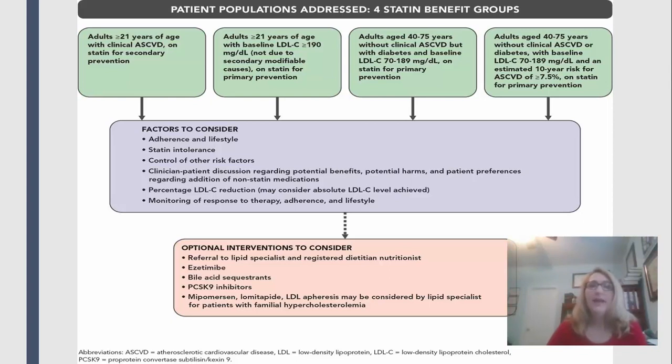Stop that smoking, get out and get active, eat healthier. That's easier said than done, but trying to model that for our patients and talk to them, have a real honest dialogue. Where it says here, the clinician-patient discussion regarding potential risks and harms and patient preferences, you have to really have an honest discussion with them about this.